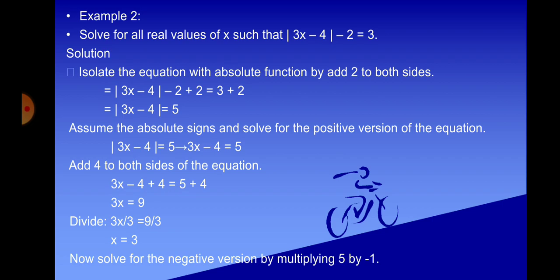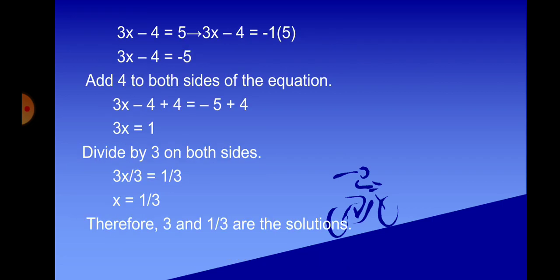So now solve the negative version by multiplying 5 by negative 1. So 3x minus 4 equals negative 5. Add 4 to both sides of the equation.